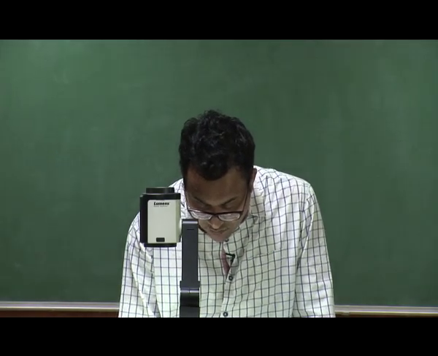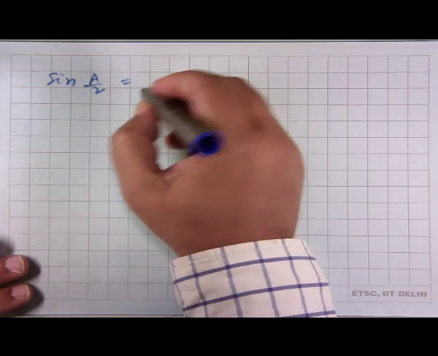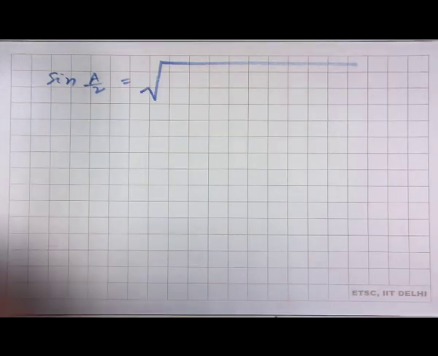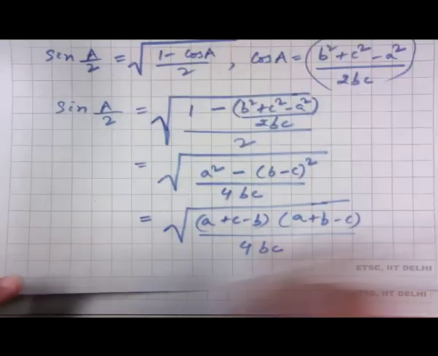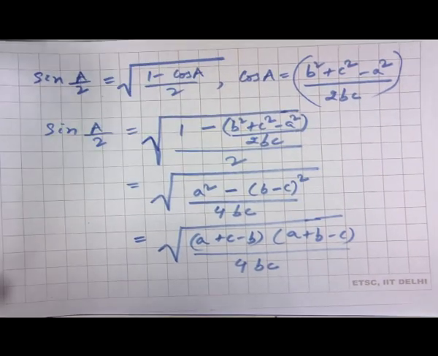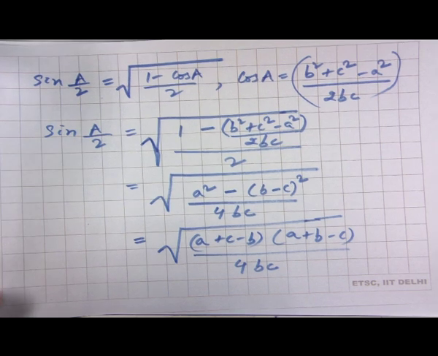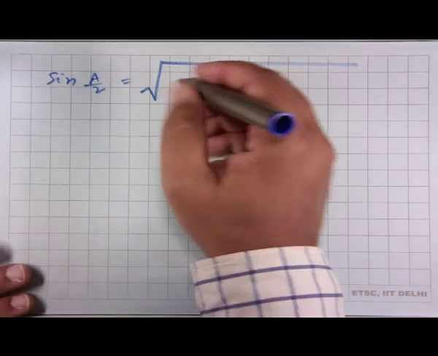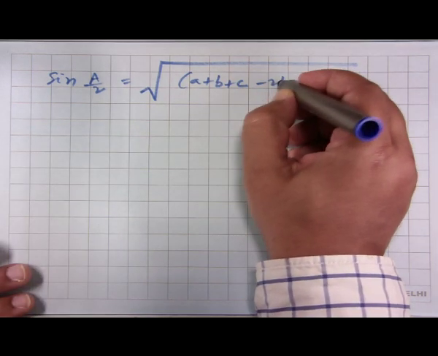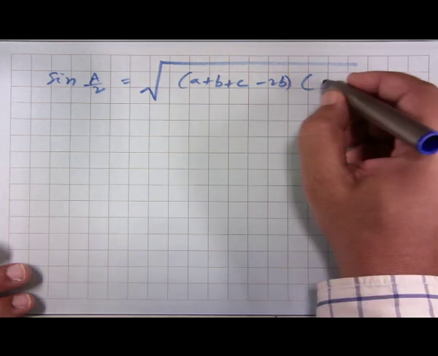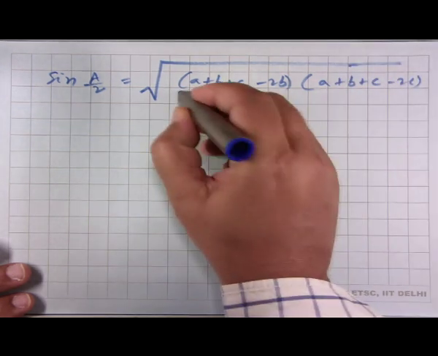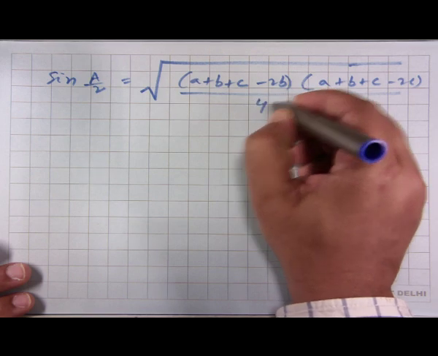So, then we have sine of A over 2 is equal to the square root of, for example, the first factor can be written as a plus b plus c, which is the perimeter, minus 2b. So, we have (a plus b plus c minus 2b) into (a plus b plus c minus 2c) over 4bc.